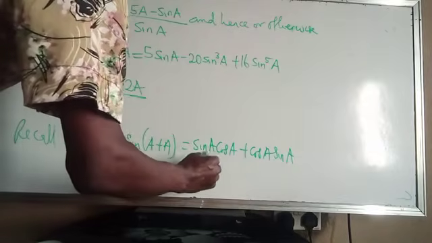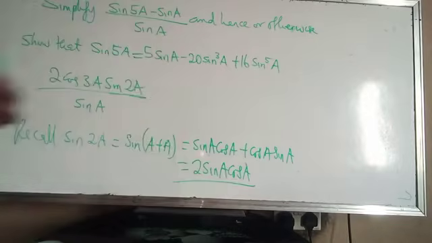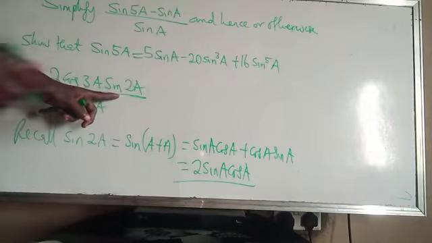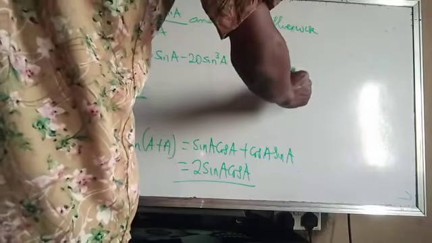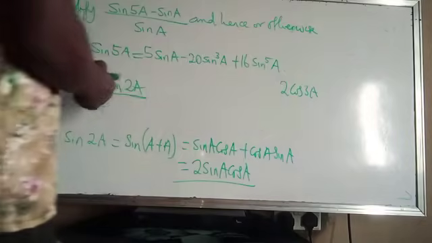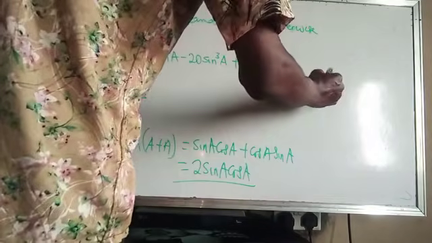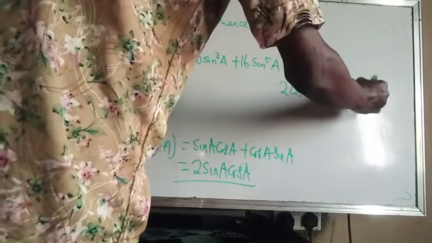That gives 2 sine a cos a. So we can now write this as 2 cos 3a, where sine 2a has now become 2 sine a cos a.